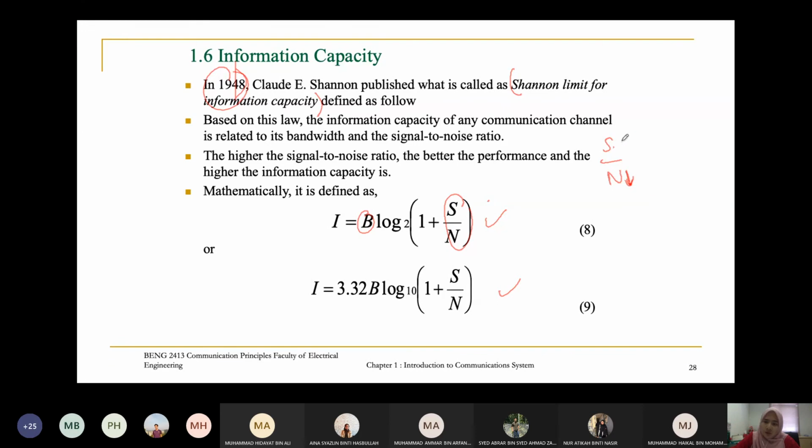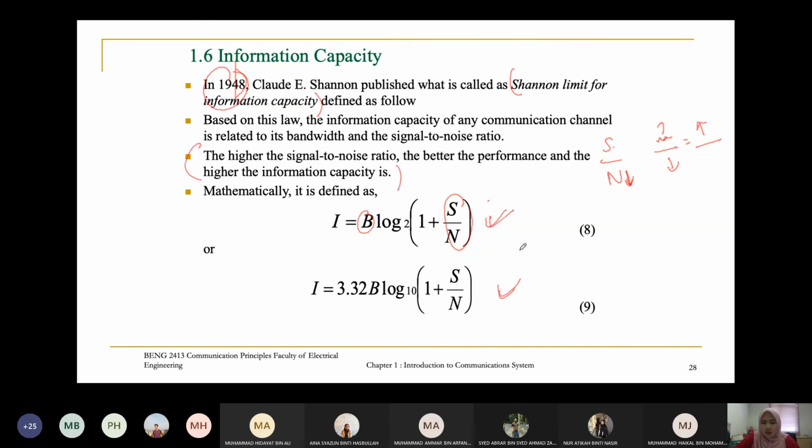So if the value of the noise is small, you will get a bigger signal to noise ratio. Then in B log2 of 1 plus signal to noise ratio, you will get a higher information capacity. This is what it means by this statement.